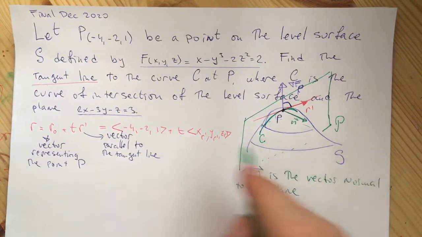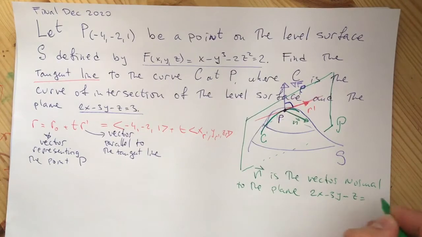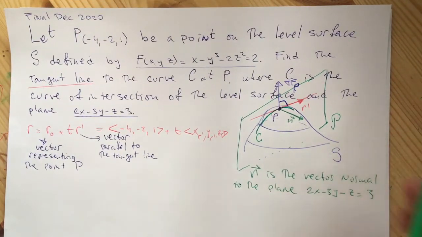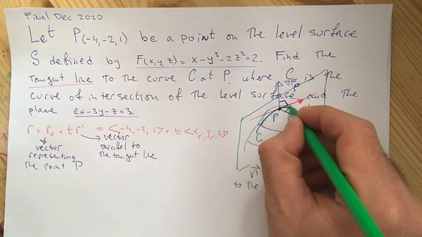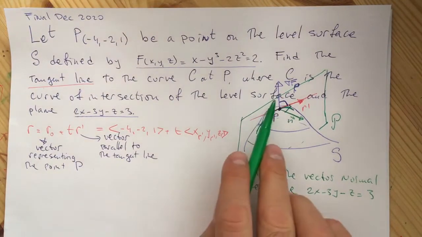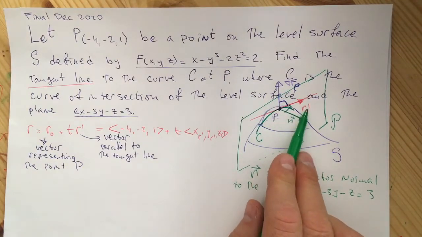This is the normal vector to the plane with equation 2x minus 3y minus z is equal to 3, or the plane P. And then the vectors n and r prime are also orthogonal. Well, if I have two vectors, gradient f and n, how am I going to find r prime?